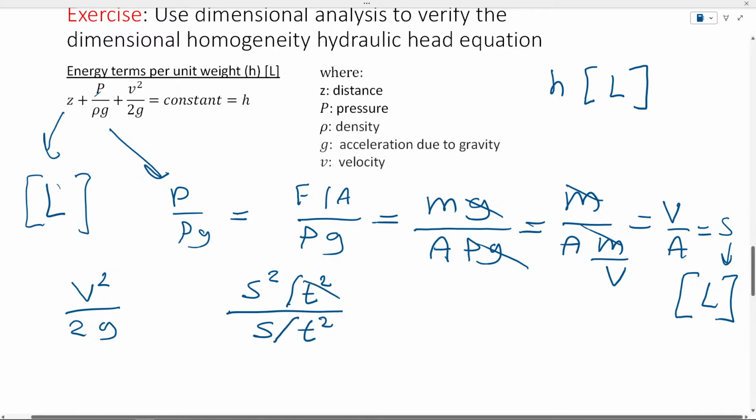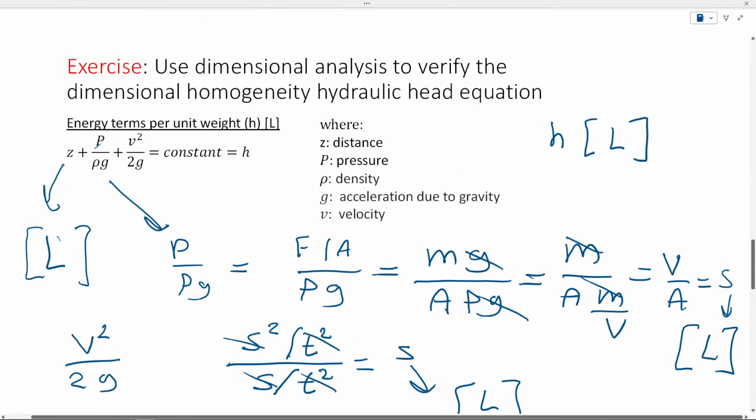So T squared goes with T squared, S goes with S, and we get an S, which has a unit of L. Even though these have different physical equations, they are the same physical quantity, which is what we are measuring here: energy per unit weight.